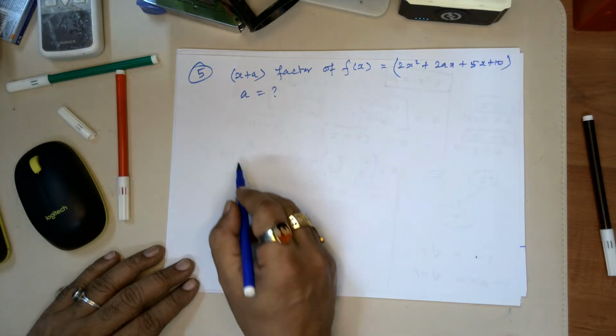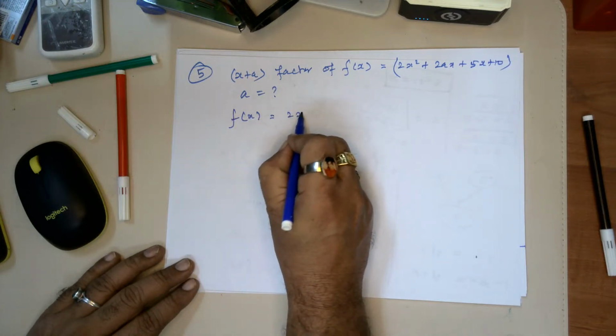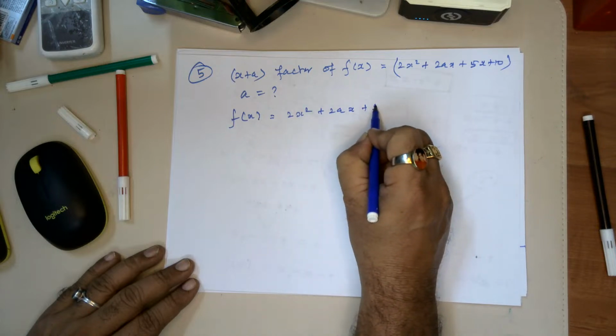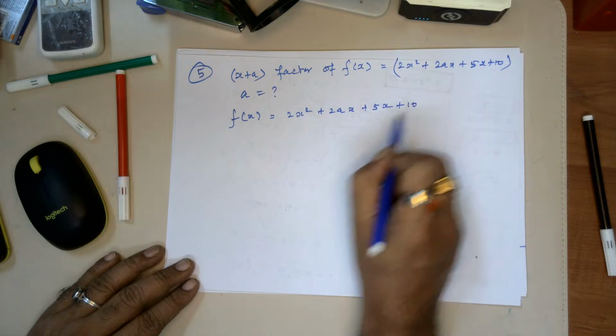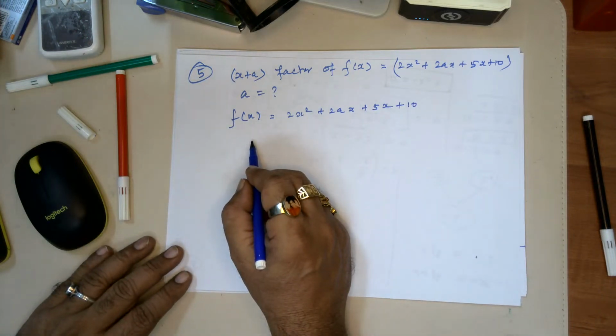Now what is the given polynomial? f of x is equal to 2x squared plus 2ax plus 5x plus 10. Now x plus a is a factor.